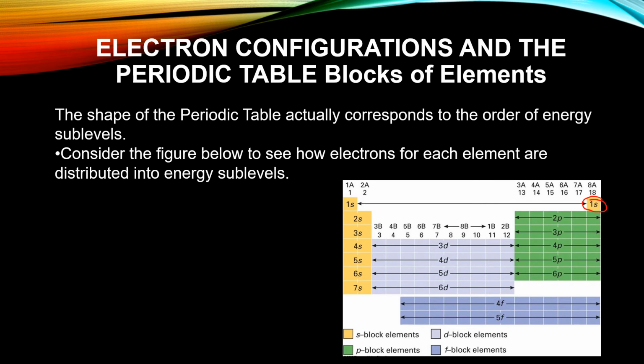Again, the number out in front, when we see the 1s, that number right here is again your value for n. So that is that principal quantum number for that particular electron. So we're just doing a counting system here. We're trying to see how the electrons are distributed around the nucleus for the atom.